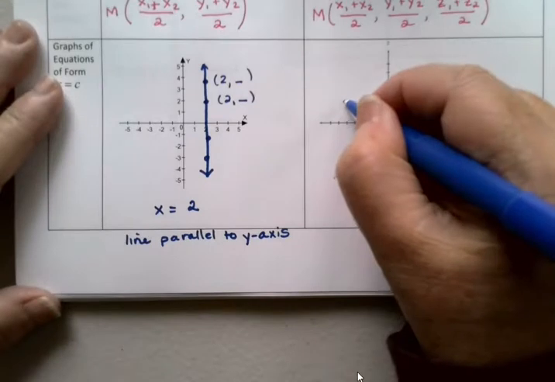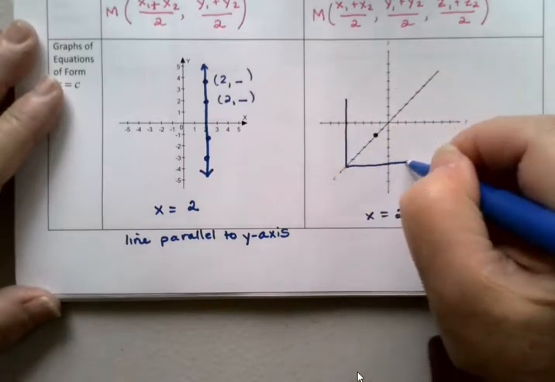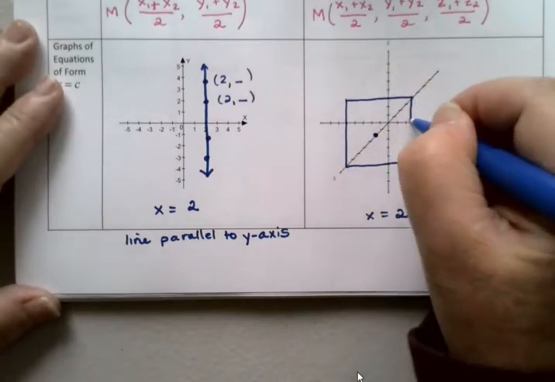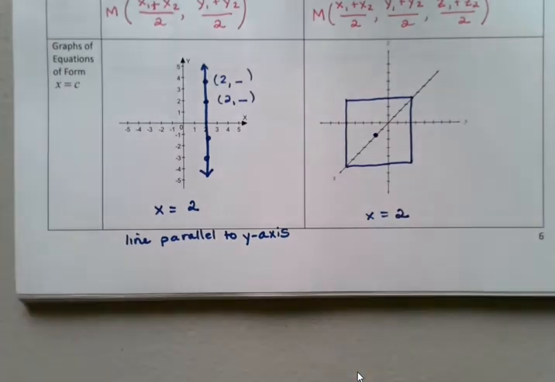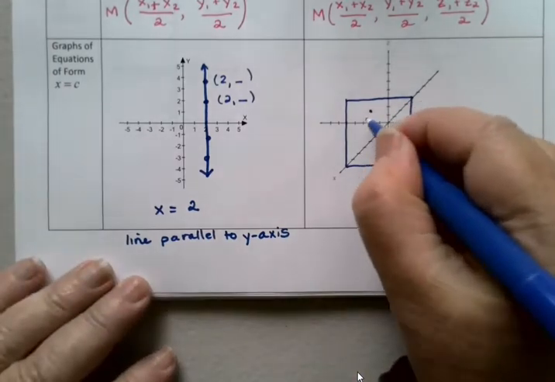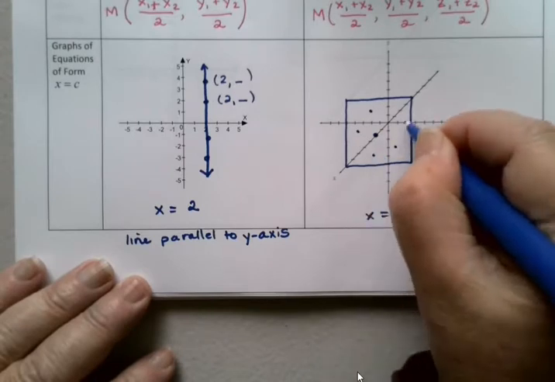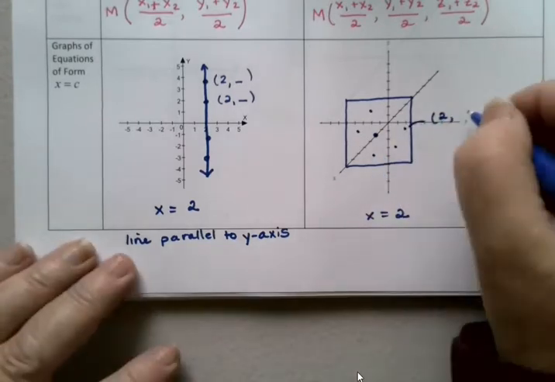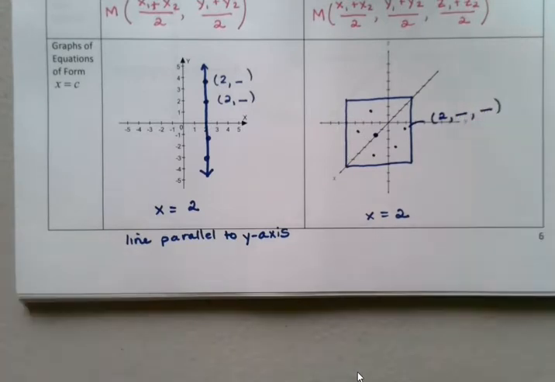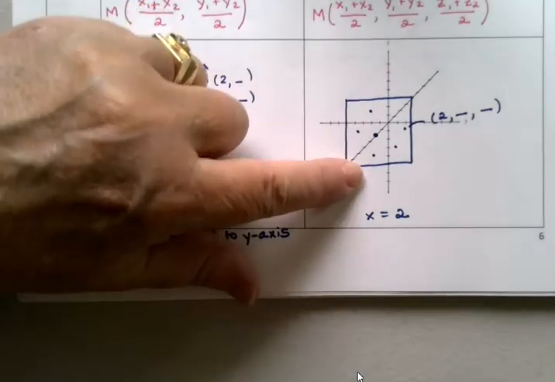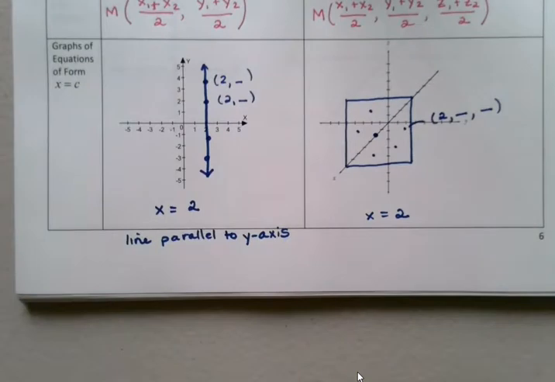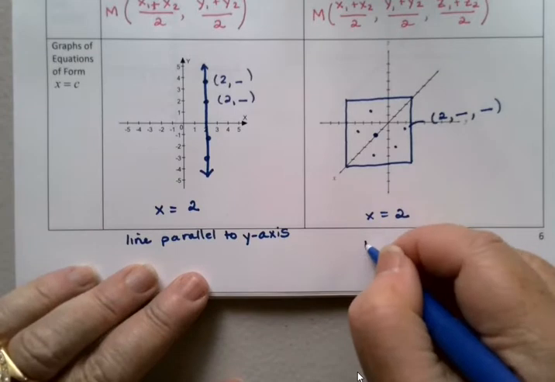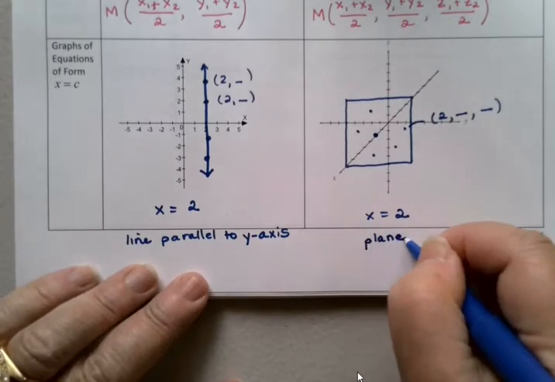And if I were to draw this, it is intended to be a plane surrounding it. Every point in that plane has coordinates: 2 is x, and there's some y and some z. The y and the z will be different for all these points, but the x value is going to be 2 every single time. So we're going to get a plane in 3 space.